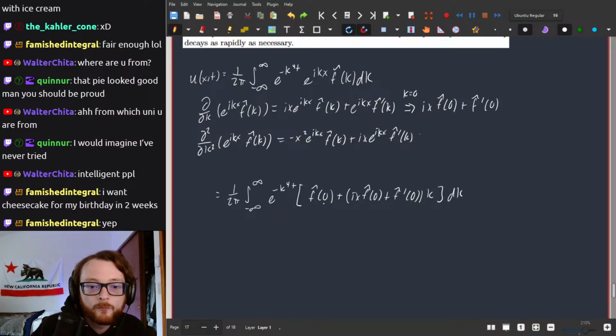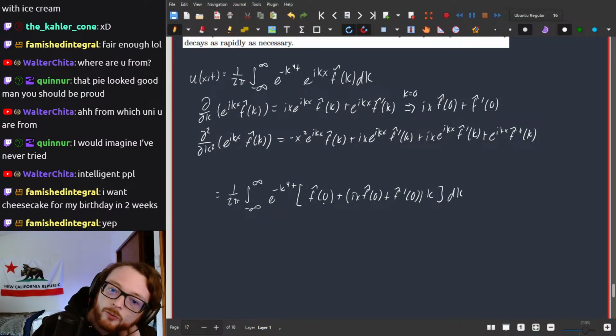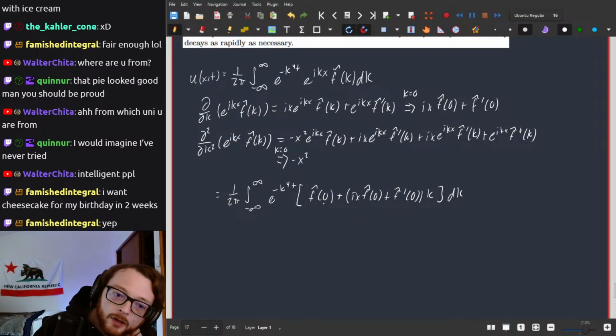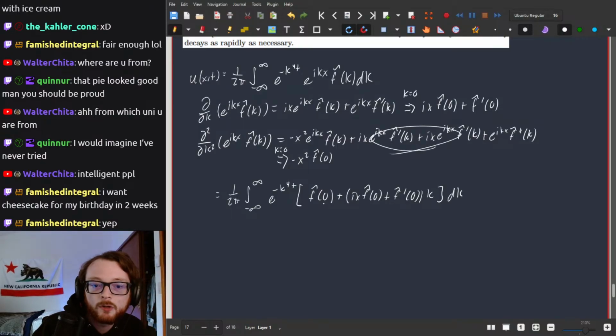Second product rule. Ix e to the ikx f hat prime k plus e to the ikx f hat double prime k. And we can take k equal to 0 if we desire, and simplify. Minus x squared f hat 0. These two terms combine.